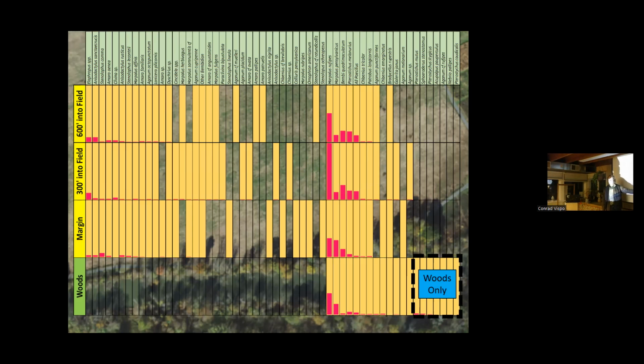None of this is tan. We've never captured them in the woods. Then you've got some that occur in both woods and field, and some that are only in the woods. What's interesting is that the most common species, where this pink bar is highest, are in this both category.